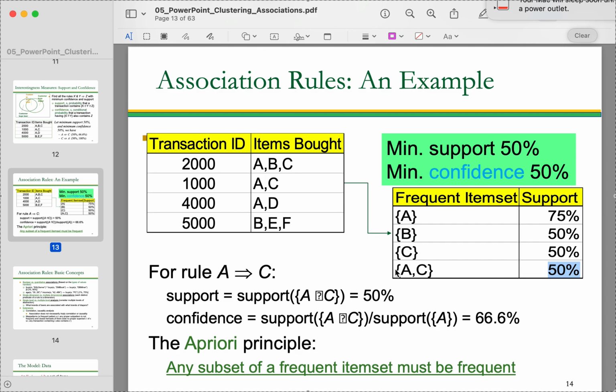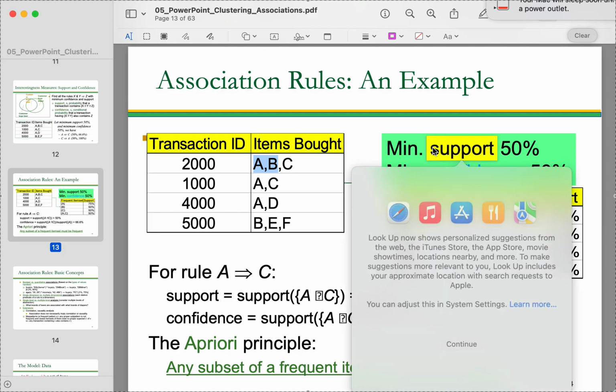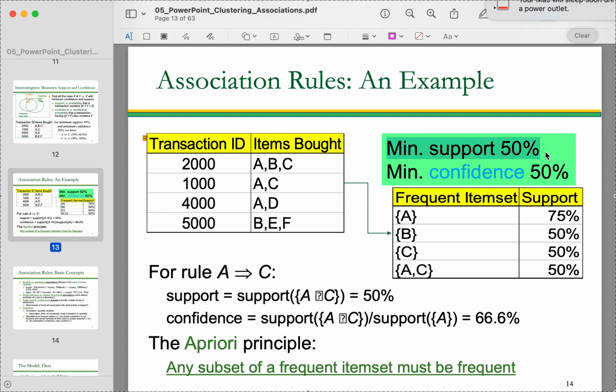And therefore, A and C is a frequent set. How about A and B? How many times did that one happen? Well, only 1 time, right here, AB. So that's 1 time out of 4, that's 25%. That doesn't meet our minimum threshold. Therefore, it is not listed in the frequent item set table.